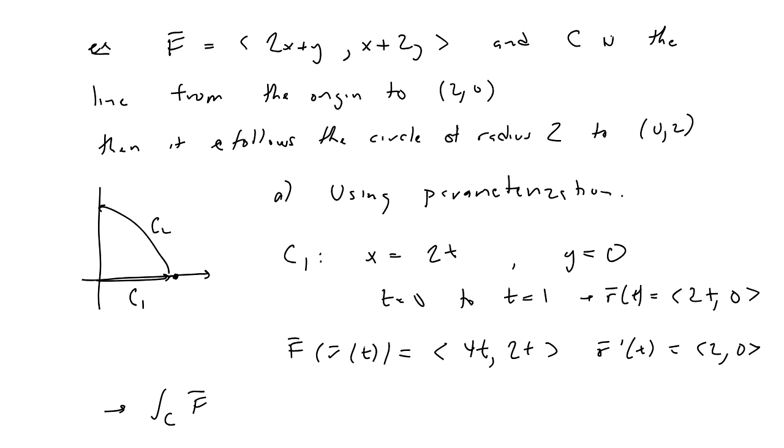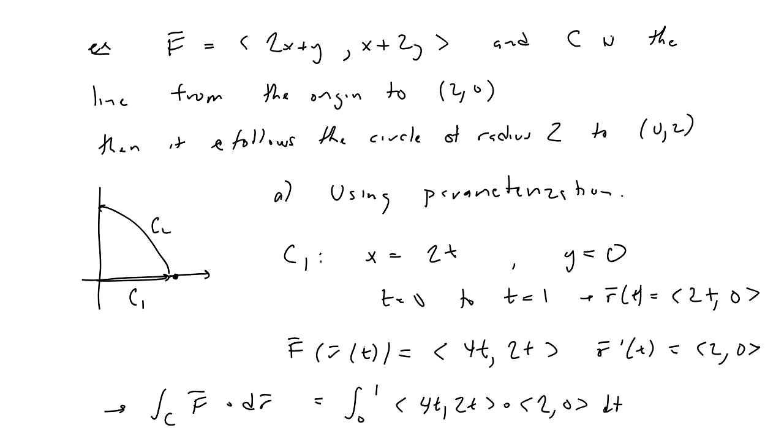I should put this at the top, saying this is what we're actually getting. And then it's a dot product of the two, f of r of t dotted with r prime.